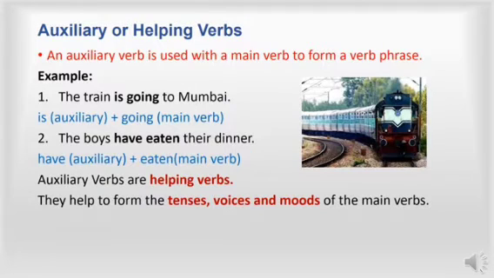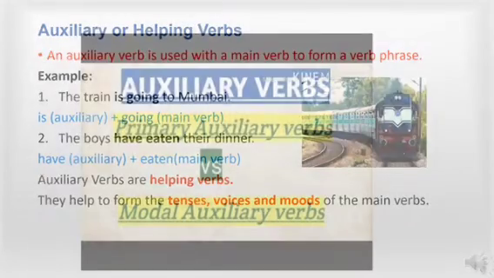They help to form the tenses, voices, and moods of the main verbs. You'll be studying about all these tenses and voices in the next part of the classes. So, auxiliary or the helping verbs is used with the main verb to form a verb phrase.